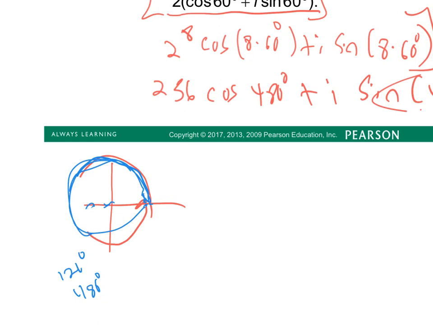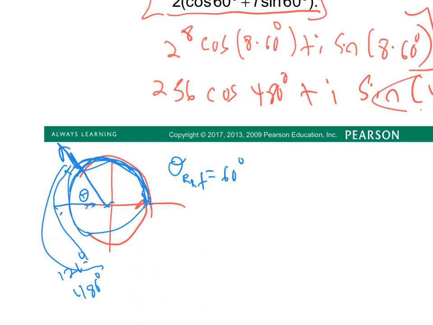It stopped where? Up here, it stopped. So this is my 120, which acts like 480. This is my reference angle. Okay, so 180 minus 120 is 60. So I found my reference angle to be 60 degrees.